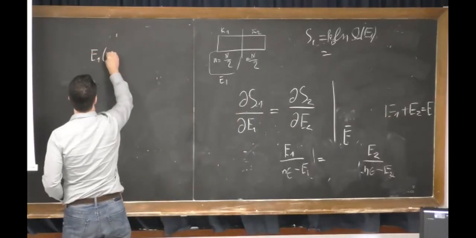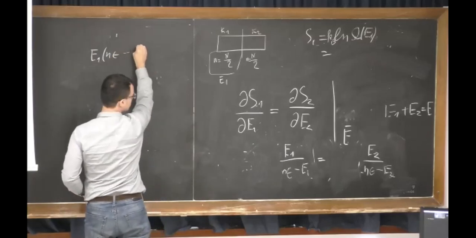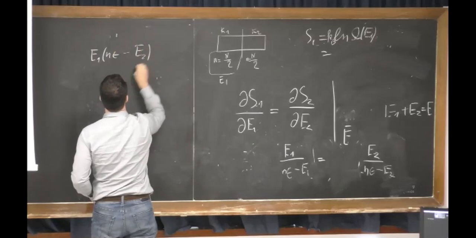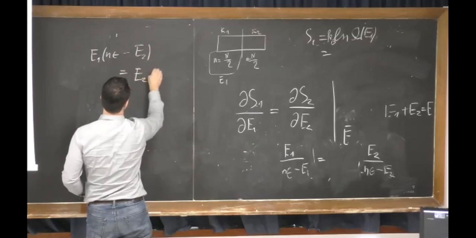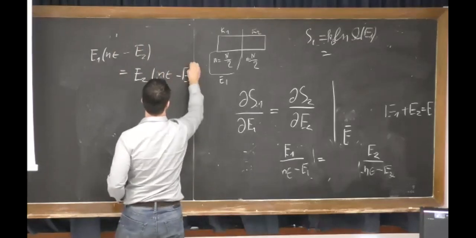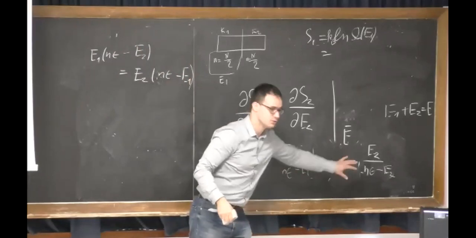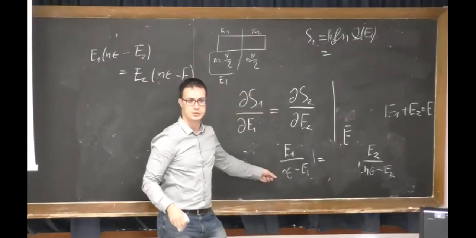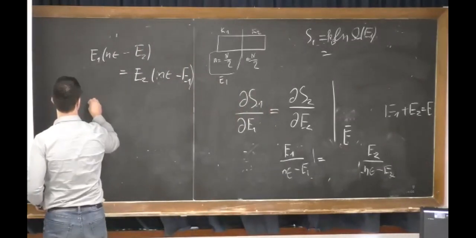E1 times n epsilon minus E2 equals E2 times n epsilon minus E1. What did I do? I just multiplied both sides of the equation by the denominators, right? And then I open the brackets.